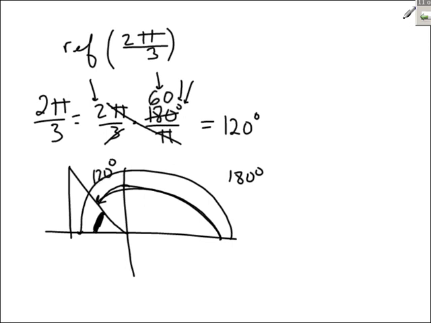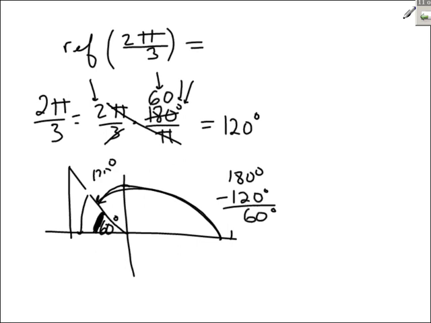Boy, did I miss it by a lot. I included all of this that I didn't mean to. But you know what? I know just how big that is. It's 120 degrees. So just like I did, visually, I'm taking away 120 degrees and I get 60 degrees. In here, 60 degrees.